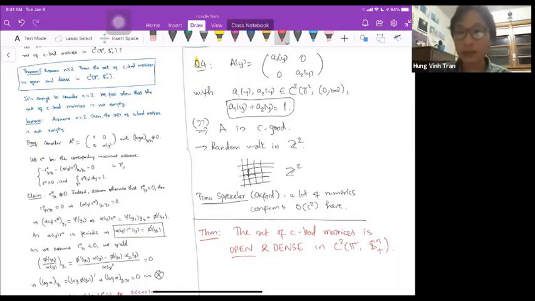It's really remarkable that after quite some time of struggling, we could prove that it's not just somewhere there, but it's open and dense. So it's quite big.